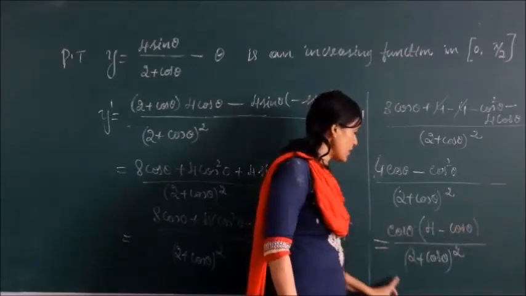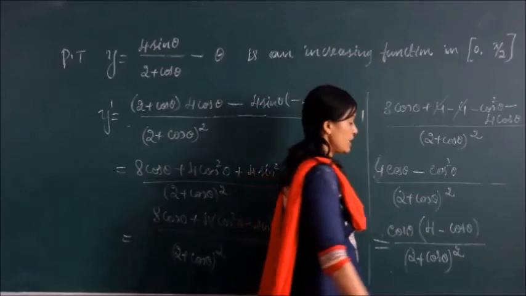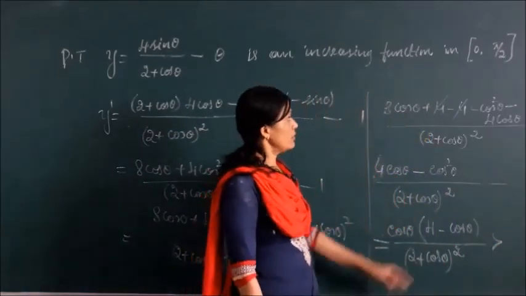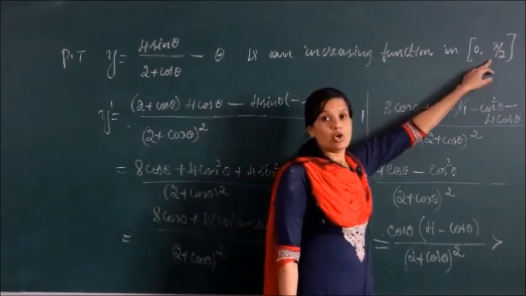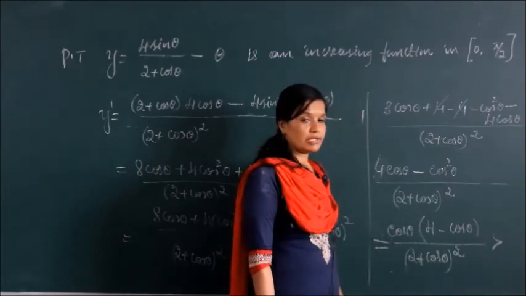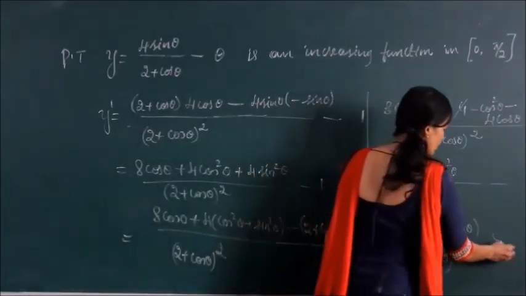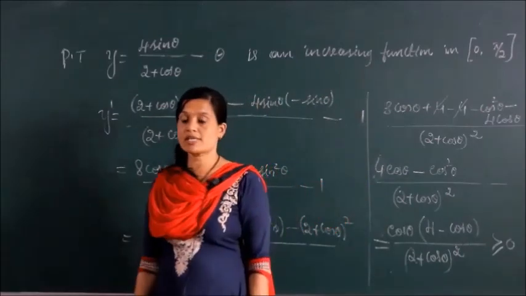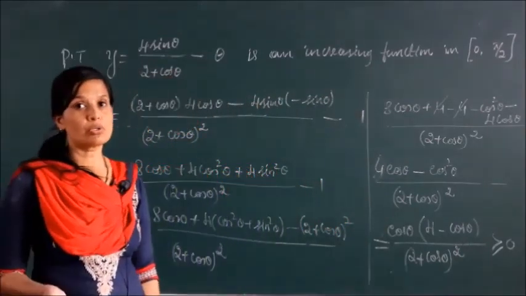So the whole expression is positive. It may be equal to 0 when, since it is a closed interval, cos 90 is 0, and 0 into something makes the whole thing 0. So y dash is greater than or equal to 0.